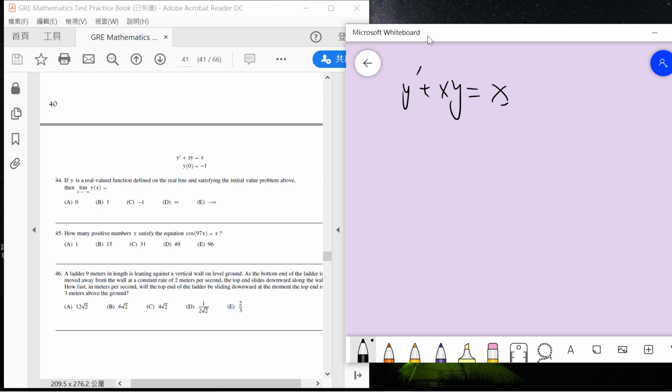Okay, so how to solve this? We first need to find a so-called integrating factor, or maybe the name is not correct. But basically, we need to find some function m such that m prime times y plus m times x y is the total derivative of m y.